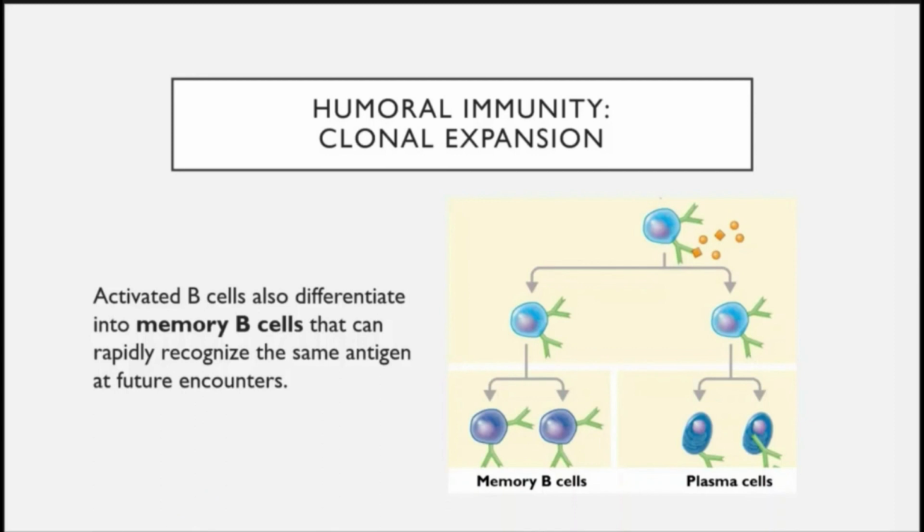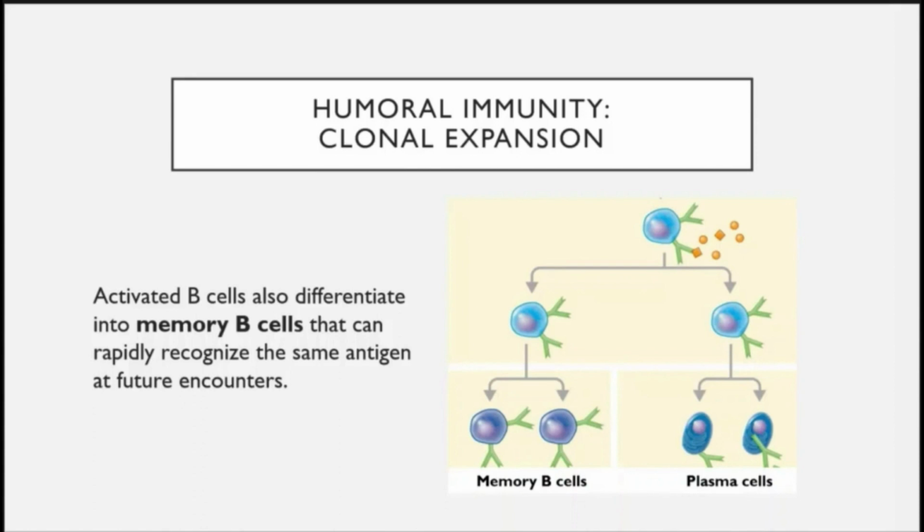You see, if a B cell is quote unquote fortunate enough to find an antigen out there that matches its antibody, it will differentiate into a memory B cell that can rapidly recognize the same antigen at future encounters. So here we see at this image, we have a B cell, its antibody's variable region recognizes an epitope on an antigen.